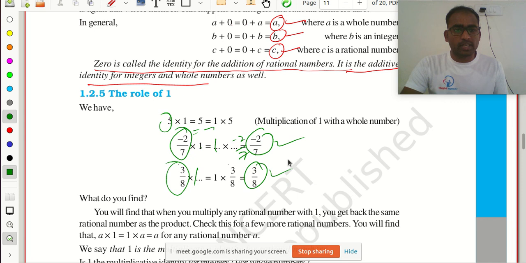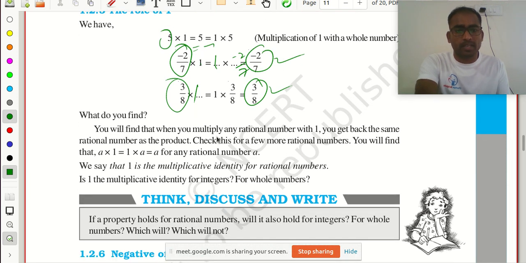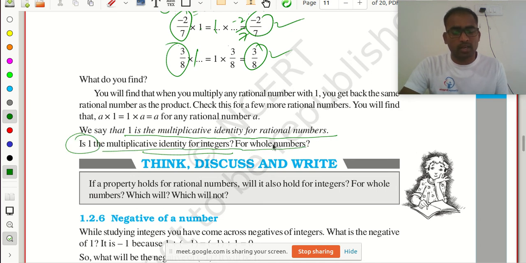How am I getting 3 by 8? By multiplication with 1. So I can say the multiplicative identity is 1, for whole numbers, integers and rational numbers also. The question is, is 1 a multiplicative identity for integers and whole numbers?